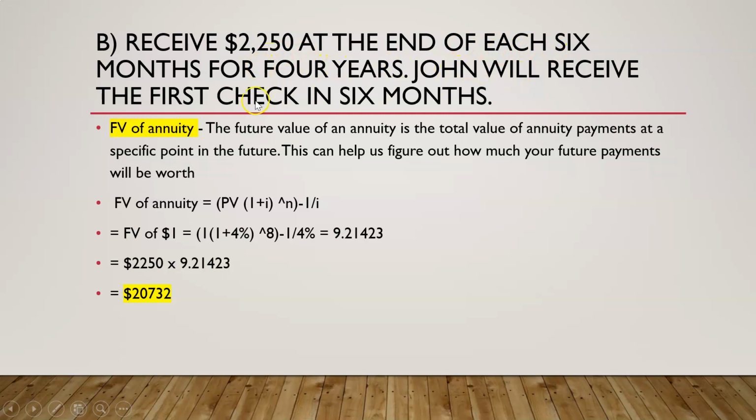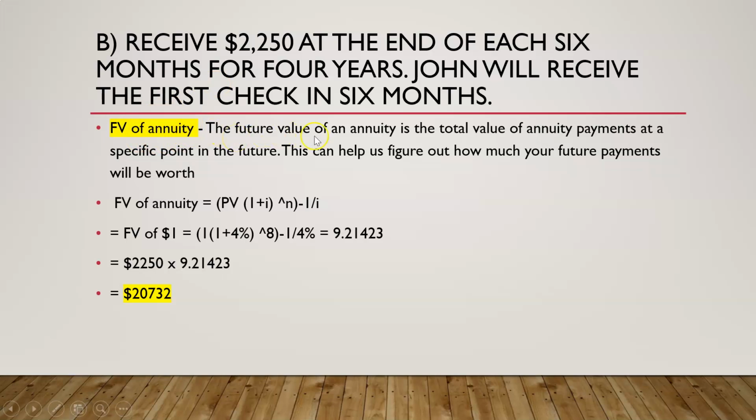The next option given to us says receive $2,250 at the end of each 6 months for 4 years. John will receive the first check in 6 months. So this is a little bit different. Notice that he will receive this $2,250 at the end of each 6 months, so he is not receiving $2,250 immediately like he was in option A. So to find the future value of this, we need to use the future value of an annuity. So let's see what future value of annuity is.